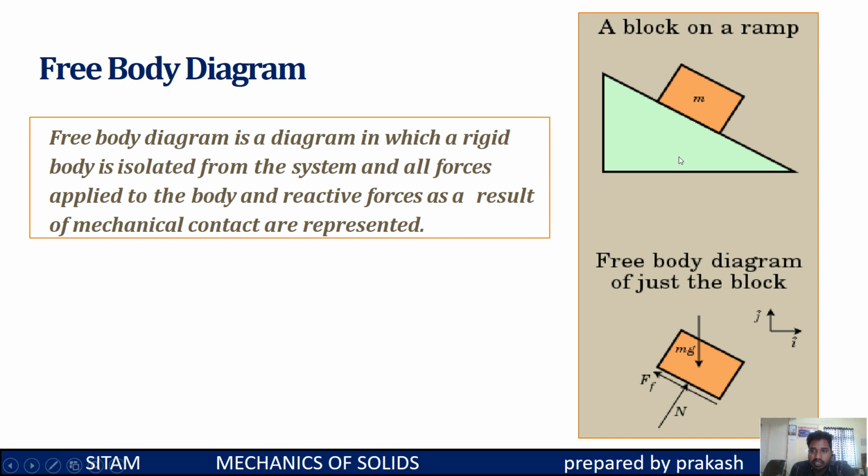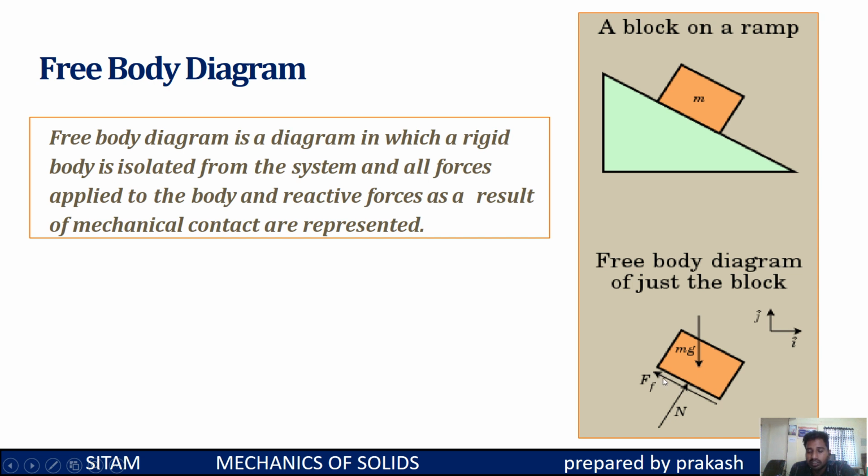The best example is a block placed on a ramp. Here we have to draw the free body diagram for this block. We isolate the block, that means we separate it from the system. What are the forces acting on that block?